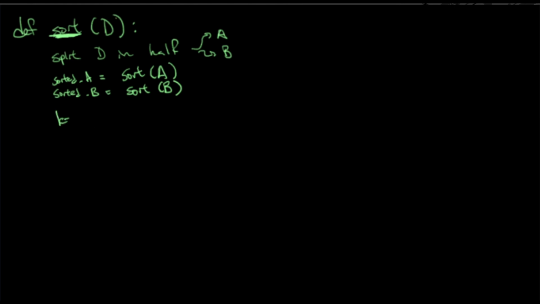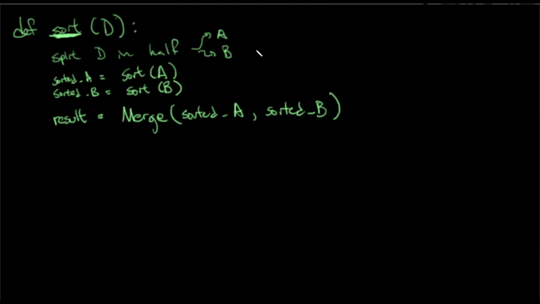We're going to have this variable result, and we're going to let that equal merge of the two sorted halves. And now we output the result, and we are done.